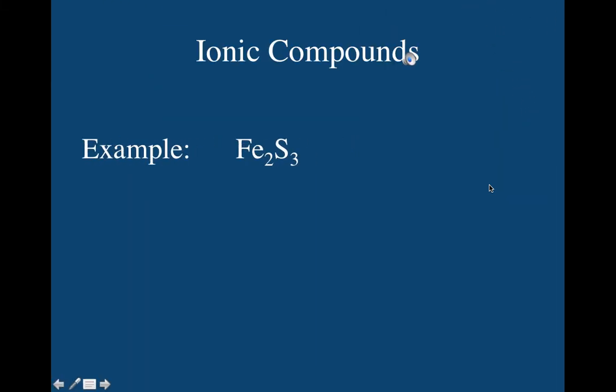Now we look at Fe2S3. We know that's iron. We know sulfur becomes sulfide, but we also know iron is multivalent. So if I'm writing this out, I'm going to get Fe, Fe, and then S, S, S. 2 Fes, 3 S's.